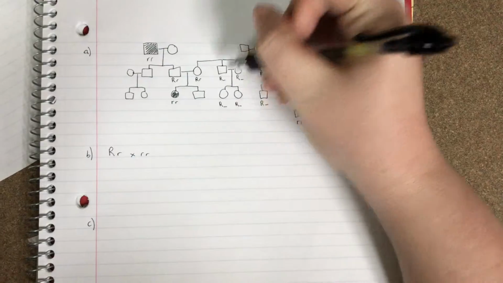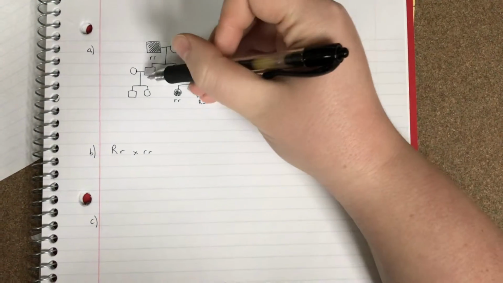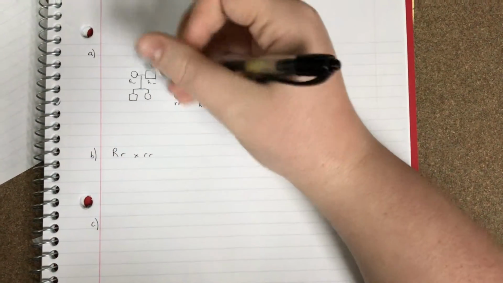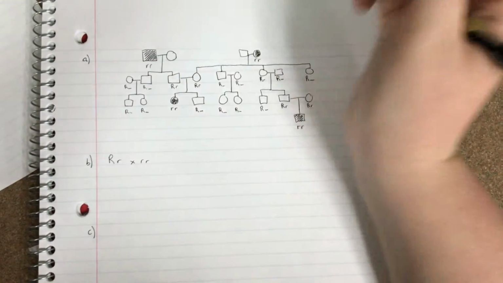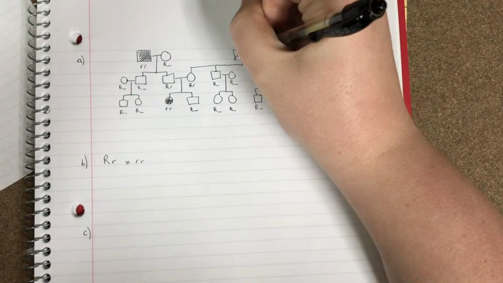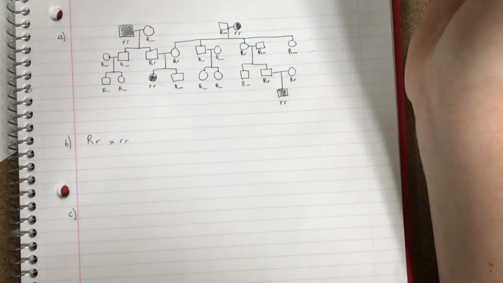But because we don't necessarily know everything about them and we can't tell based off of their children, we can't definitively say whether or not they have a homozygous or heterozygous positive allele genotype. So that's the first part of this problem.